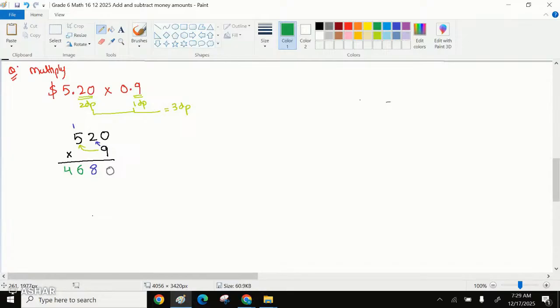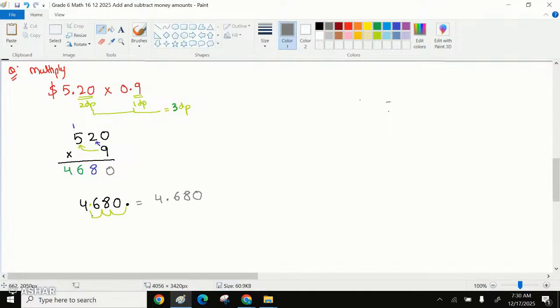Okay, so what we know is that we have three decimal places, and our answer is 4680, and the decimal place is here. So we move three decimal places, 1, 2, and 3. The decimal should come over here. So we can write this as 4.680.